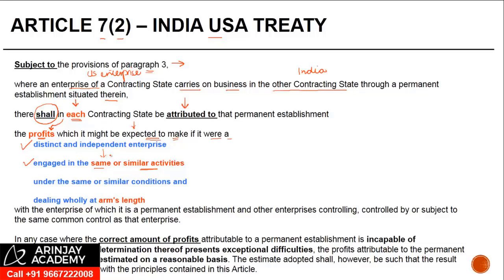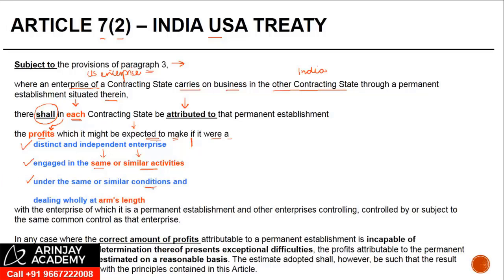What this means is that it is only for the activities which are similar in nature, right, to another enterprise which is a distinct and independent enterprise, right? Under the India-US Treaty, what you need to tax in India is the profits attributable to the activities in India, under same or similar conditions.